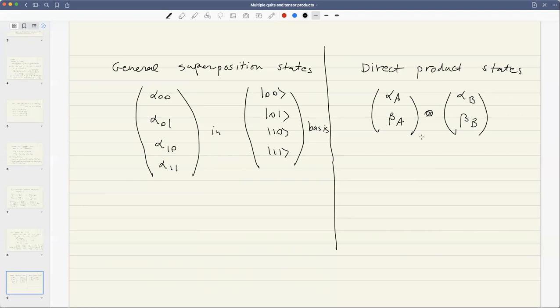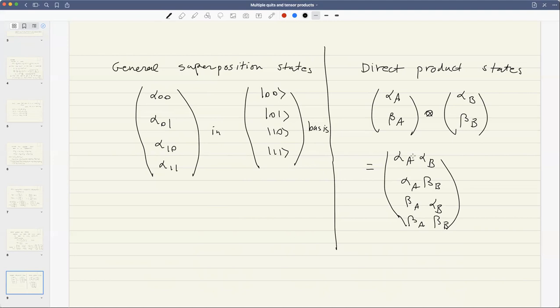So clearly, any state like that, right? So if you just expand it out, as we did just right now, any state like this is also a general superposition.